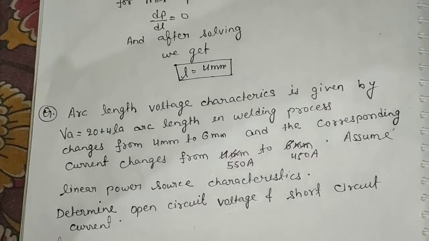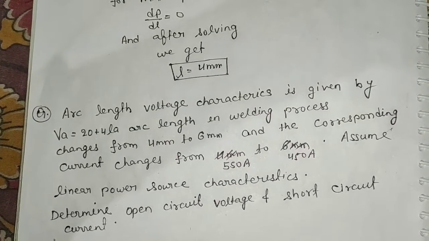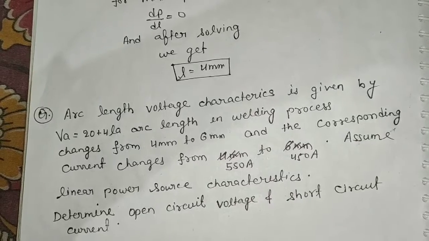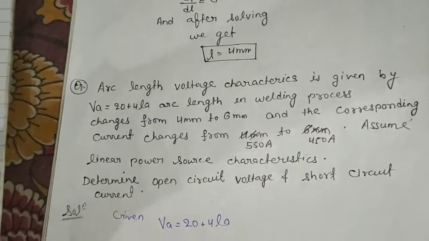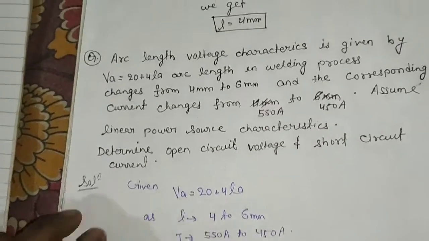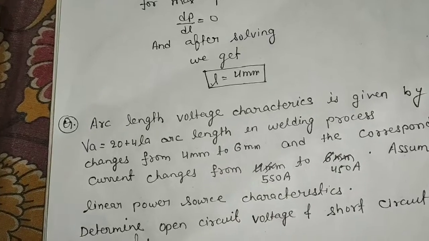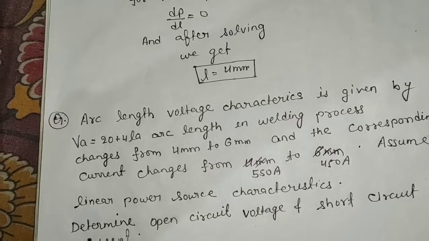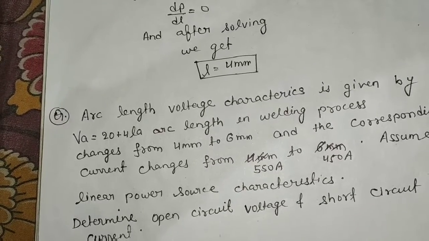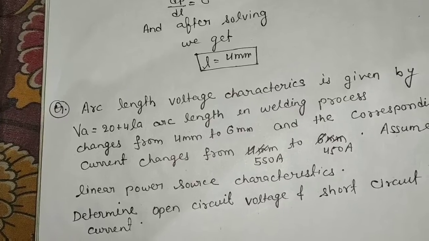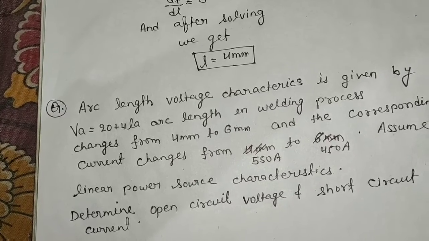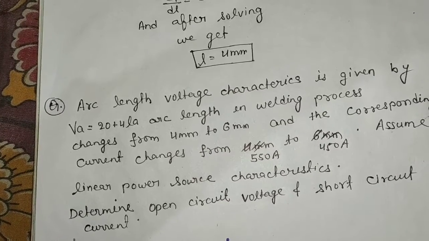Now the next question: the arc length voltage characteristic is given by Va is equal to 20 plus 4L. What is given in the question? First thing is Va, it means arc voltage is given, and arc length is also given. Arc length is varying from 4 mm to 6 mm, and the corresponding current changes from 550 to 450.